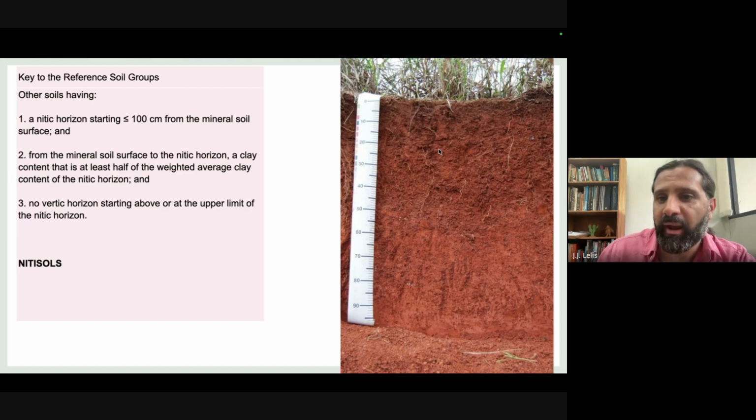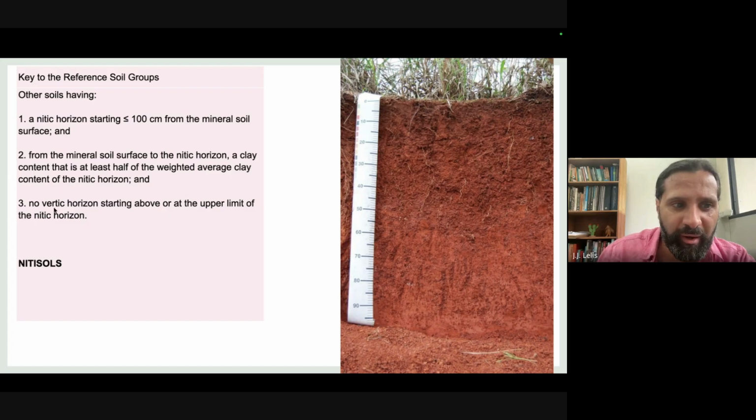So the E horizon or the A horizon shouldn't register a huge difference of clay content with the nitic horizon, with this B horizon. The clay content in the whole soil profile should be similar, and no vertic horizon starting above or at the upper limit of the nitic horizon.